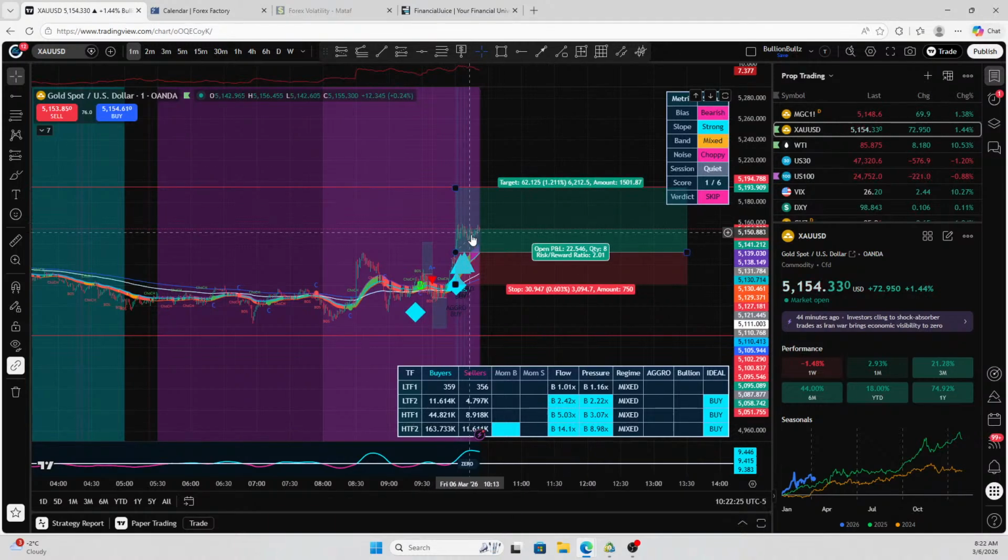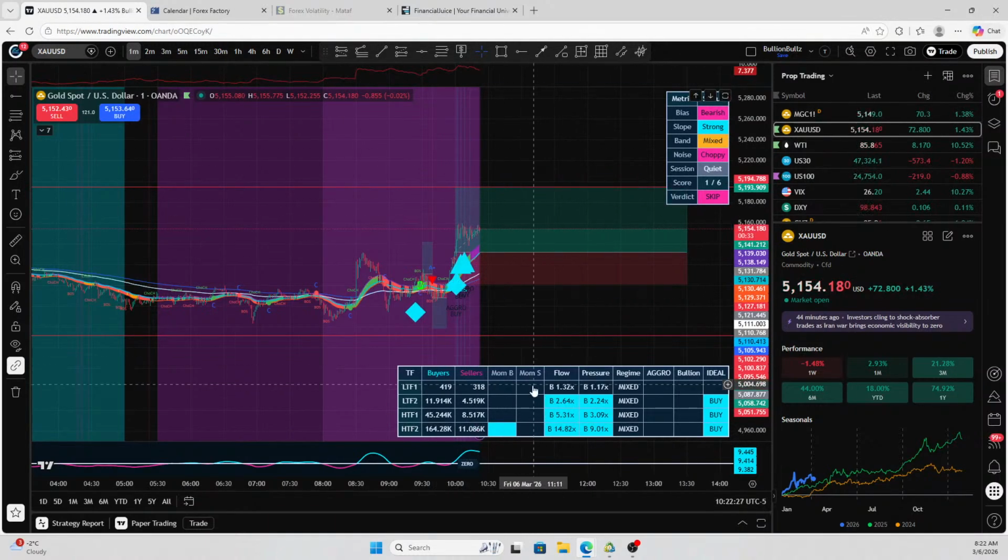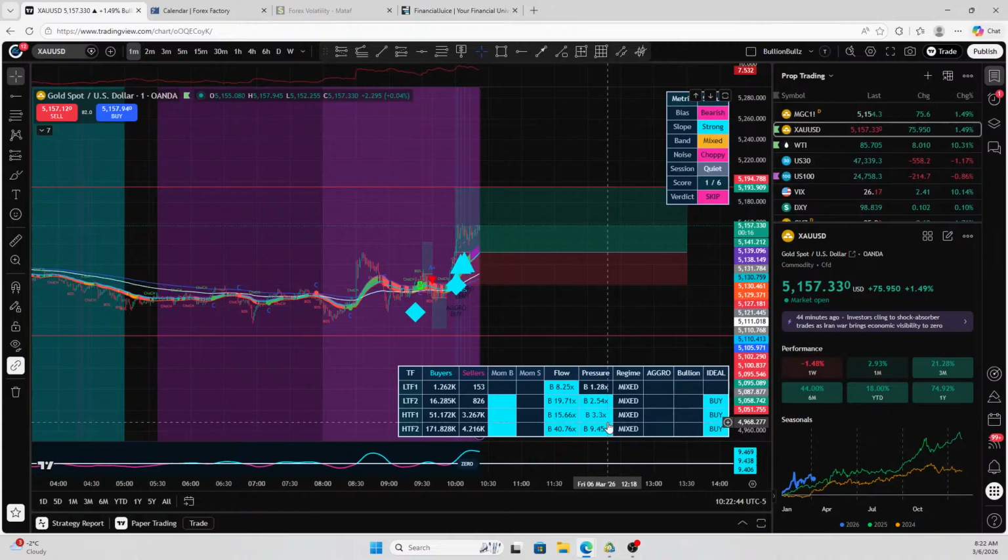Yeah, this could be just accumulation and then a push up. Yeah, this is very, very strong now.